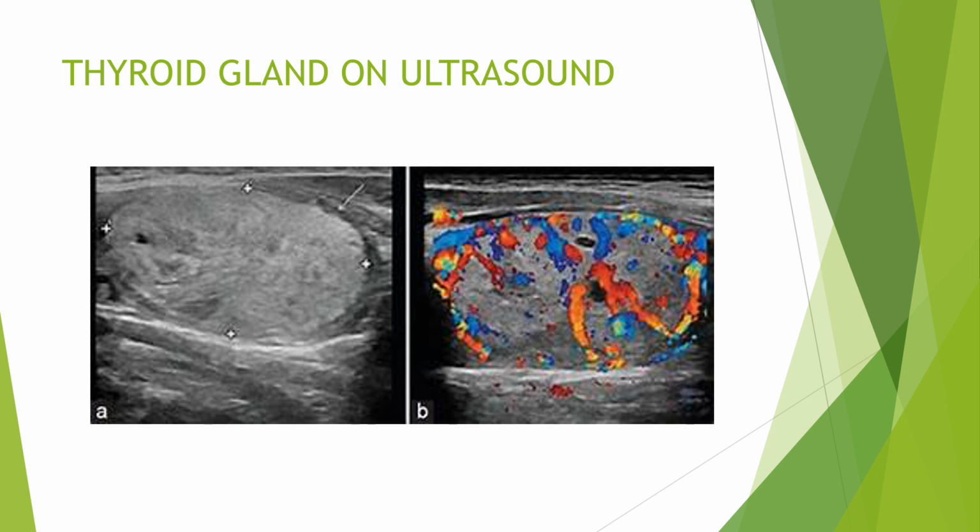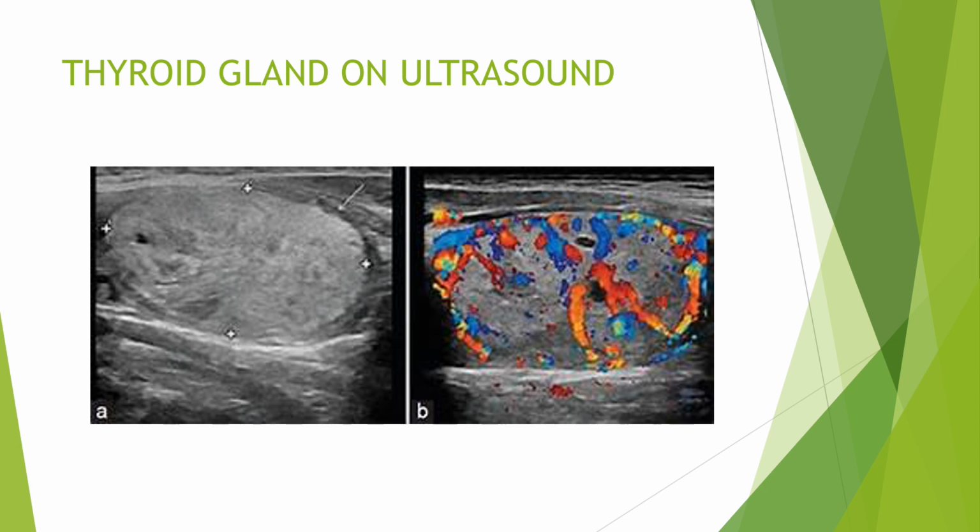If you see abundant vascular markings, then it's a hyperfunctioning nodule. This being a hyperechoic nodule, we give low suspicion of malignancy in this type of nodule, but showing abundant color flow means that it's a hyperfunctioning nodule.